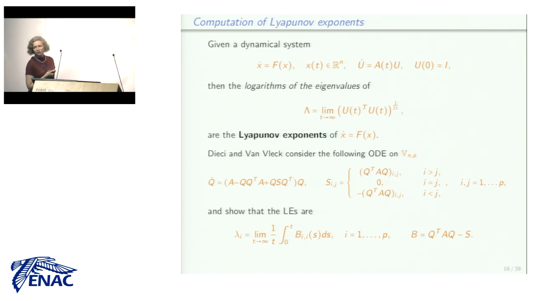This is reminiscent of some flows that Brockett formulated for computing eigenvalues of matrices. So this is the flow you should compute, and you can prove that the Lyapunov exponents are given by this formula here. So the proposal is to approximate this flow on the Stiefel manifold and then compute this approximately, making a quadrature to compute the approximation of the Lyapunov exponents.